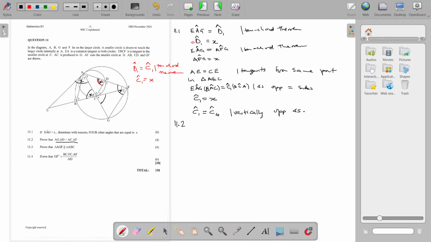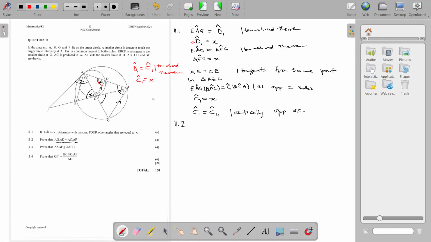If we go to the triangles that we did here, we calculated that D1 is x and we determined that this angle is x, so we can easily conclude that those two lines are parallel.